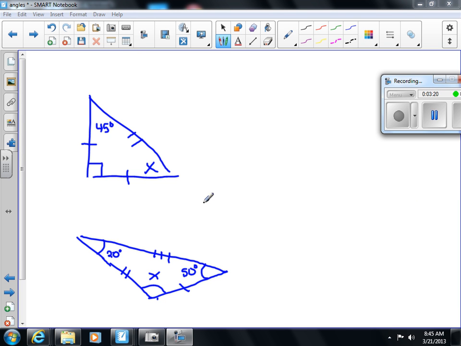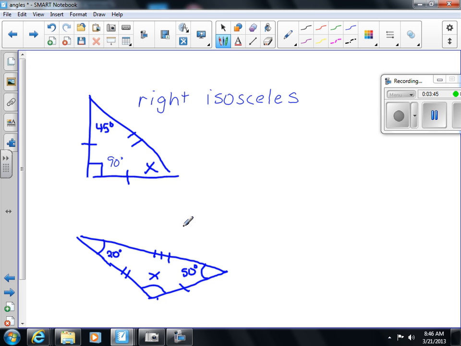All right, so let's take a look at an example. We want to find the measure of x. Well, what do you know about this triangle and the degree measures of all the angles? It's a right triangle, so this is 90 degrees. Let's name it first. It's called a right isosceles. And then let's find the missing measure.